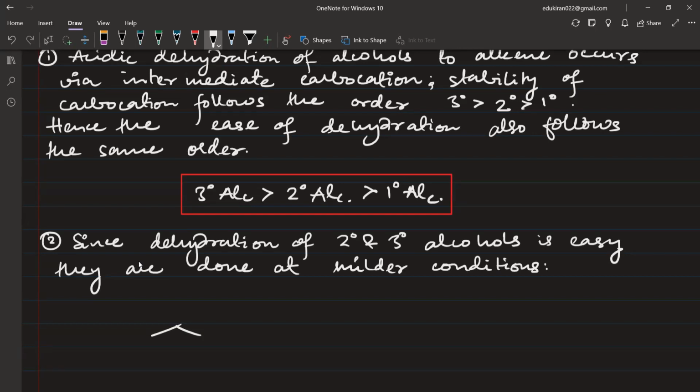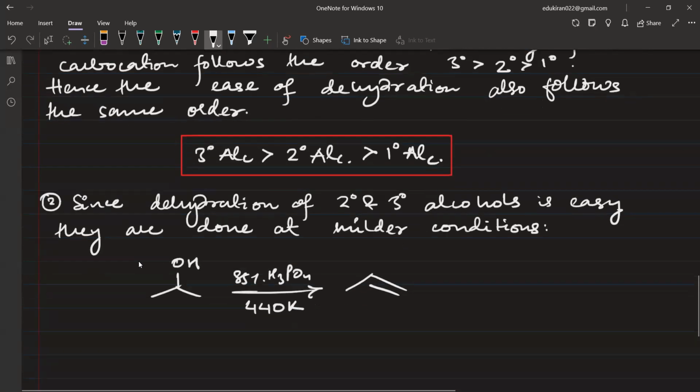Okay, so if I have alcohol like this, I will use 85% H3PO4 at 440 Kelvin to get an alkene here like this.